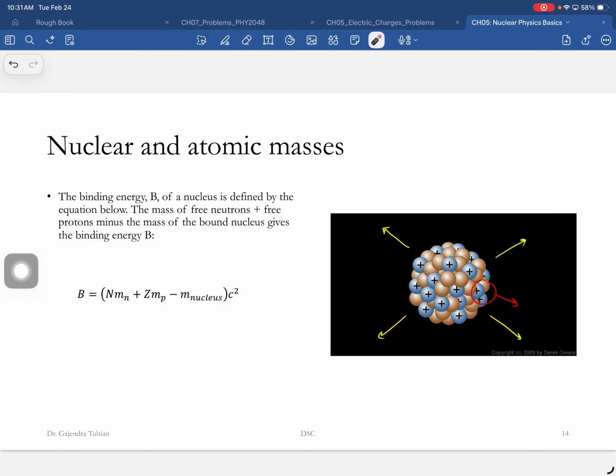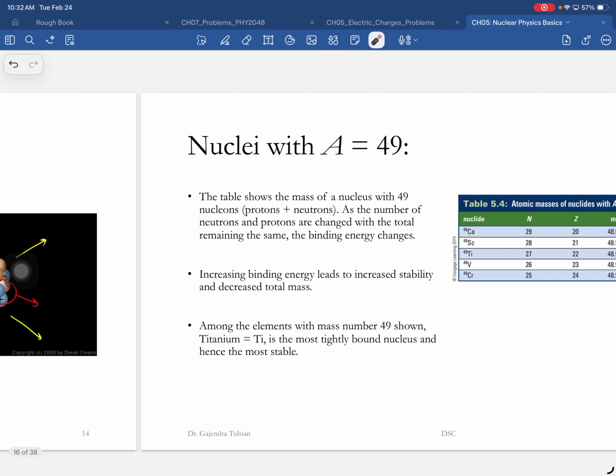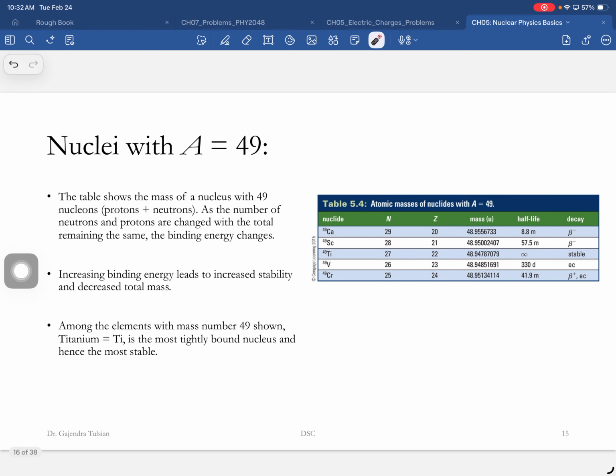A gamma decay is when the nucleus is in an excited state after one of these decays, and it emits a photon to become de-excited. Those are the 3 kinds of radioactive decays that can happen. An unstable nucleus is trying to become a stable nucleus by radioactive decay, moving towards stability.